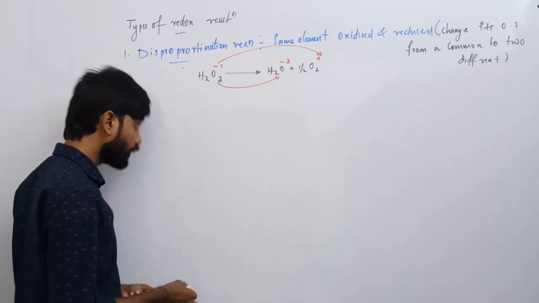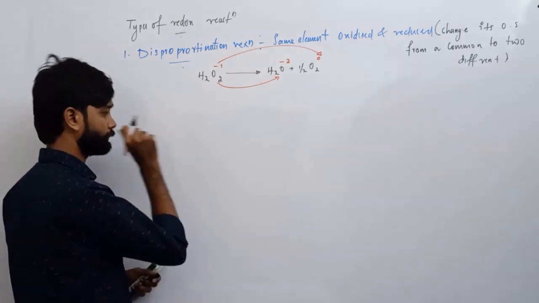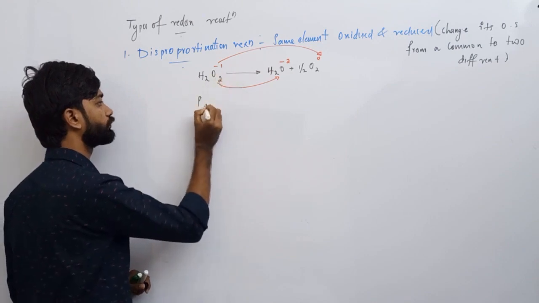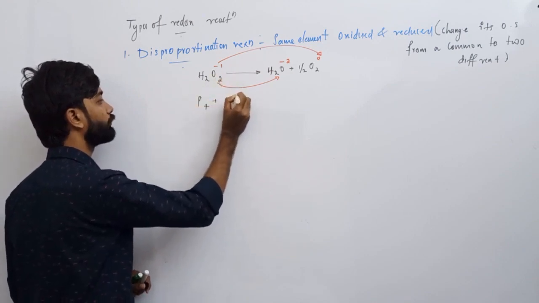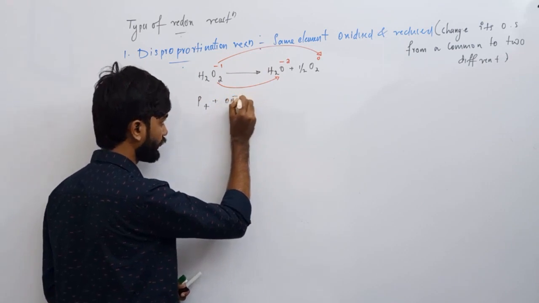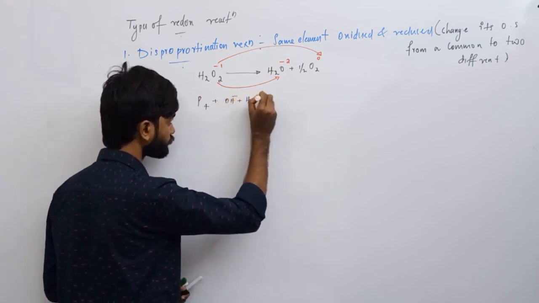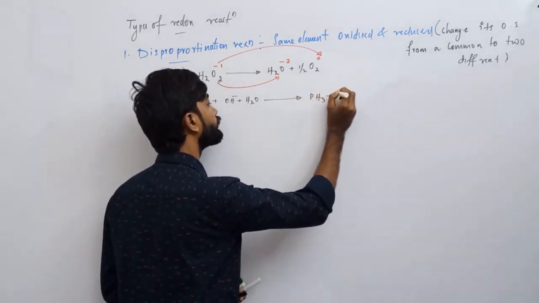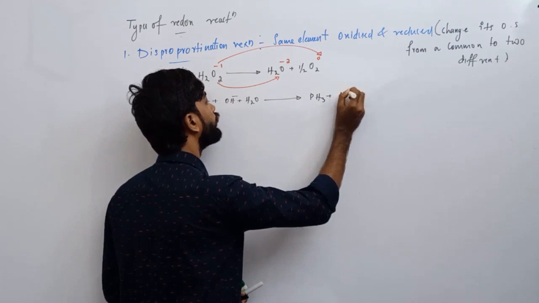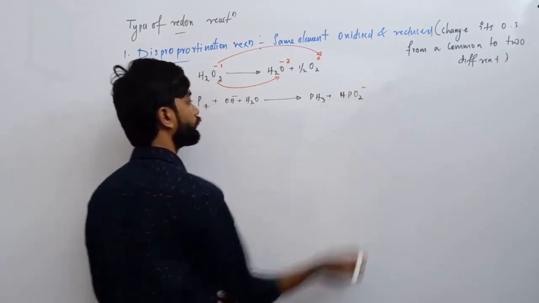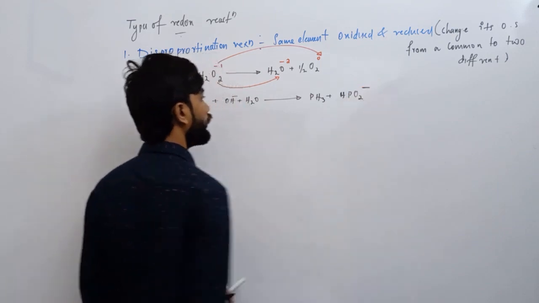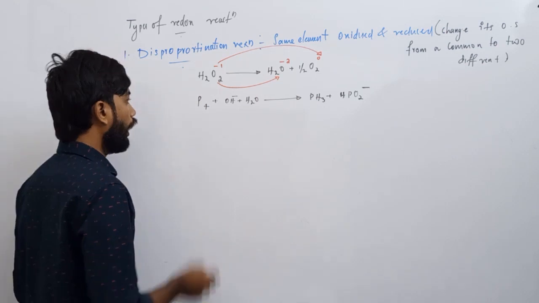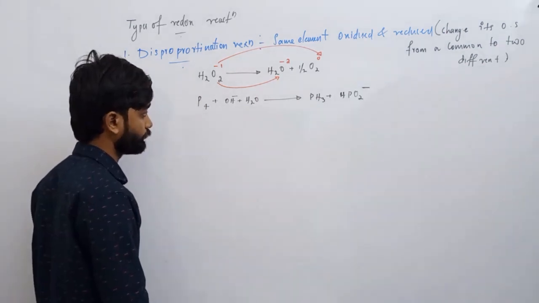Ready? The next example is white phosphorus. In the presence of alkali, it disproportionates to phosphine and H2PO2 minus.